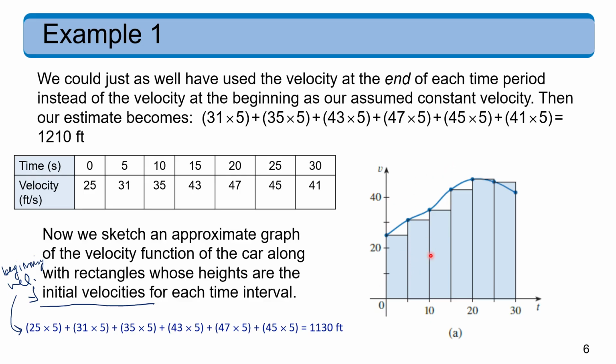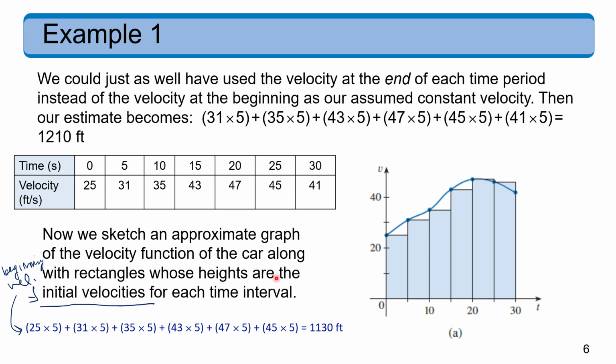Now notice these rectangles. Now that comes from this calculation. Remember, over the first time interval, 0 to 5, we took the beginning velocity of 25 and we assumed it stayed at 25 the whole time. So here's the 25, and over the first 5 seconds we just assume it stays 25, so we keep the height 25 for the velocity over that 5 seconds.